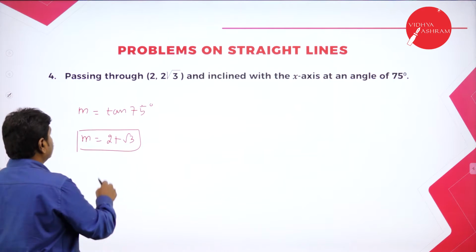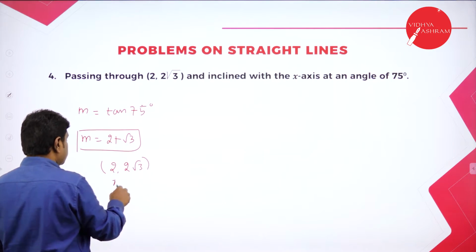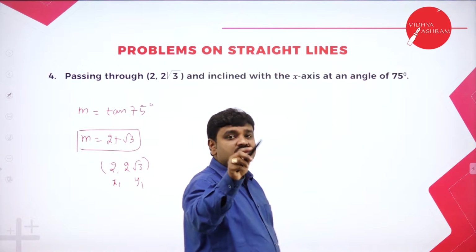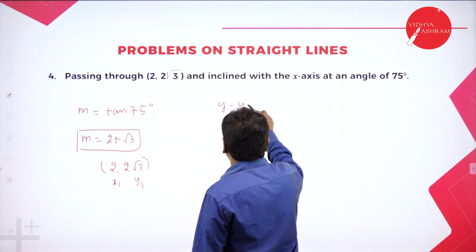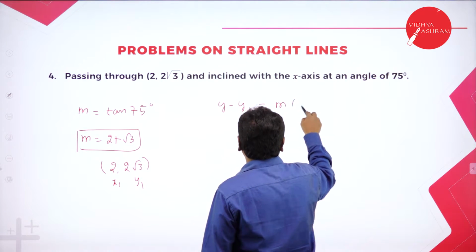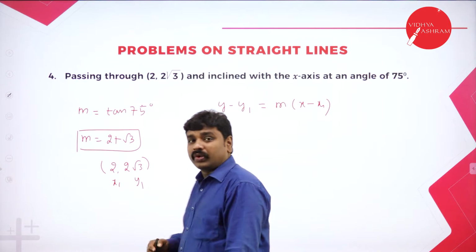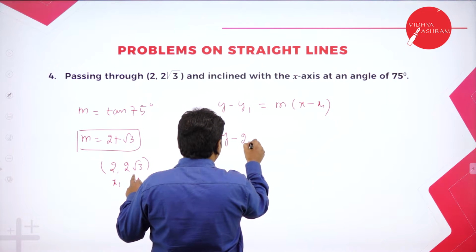What is the point? Point is 2 comma 2 root 3. This is x1, this is y1. If you know point and slope, you can use what form? You can use point slope form. So required line is y minus y1 is equal to m into x minus x1. So that is y minus, what is y1? 2 root 3.